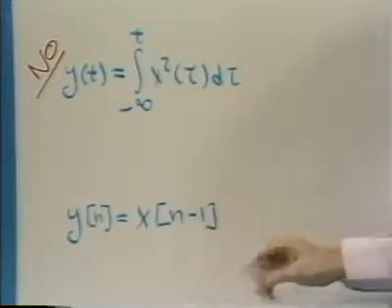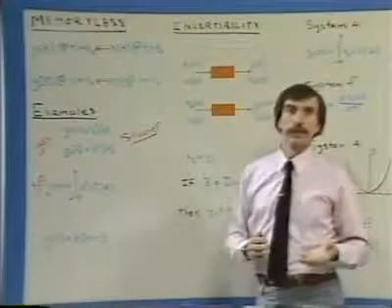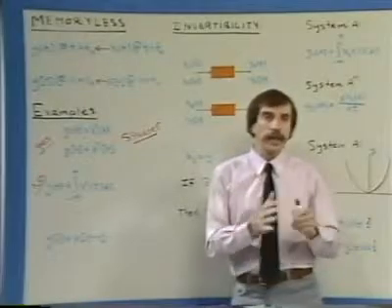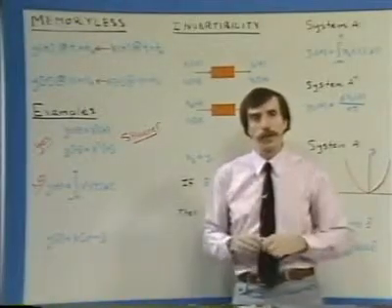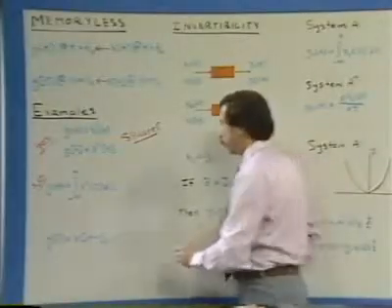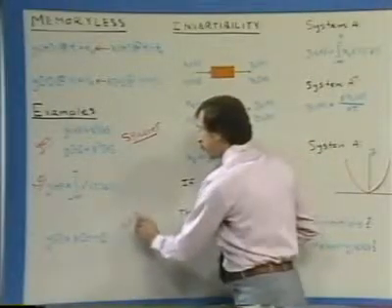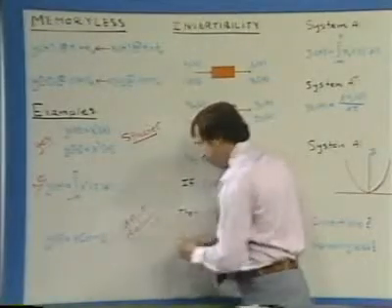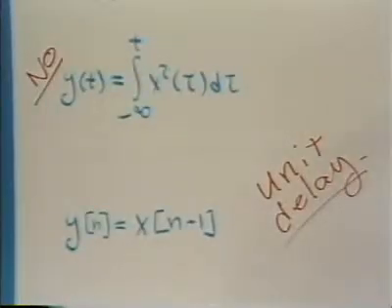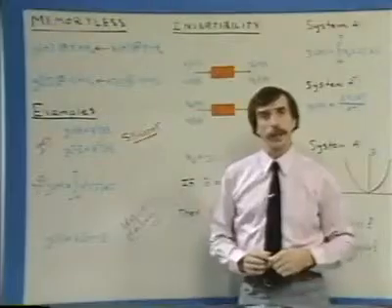And so this, in fact, is a system for which the output is simply the input delayed or shifted by one sample. So this system is referred to as a unit delay. And now the question is, is that system memoryless?